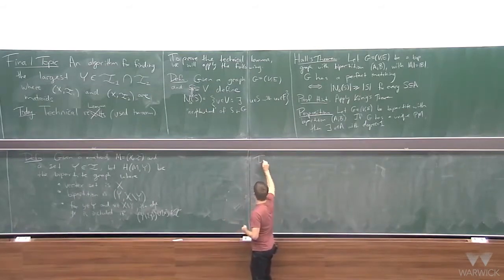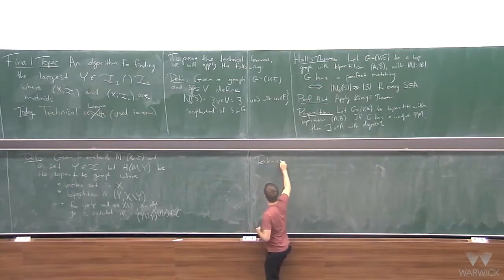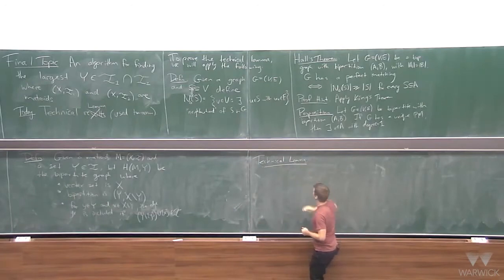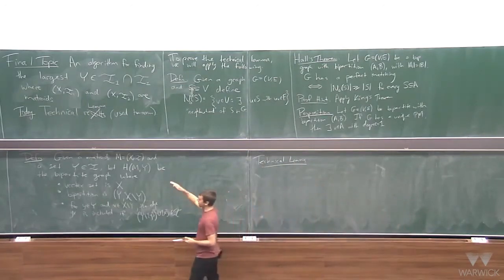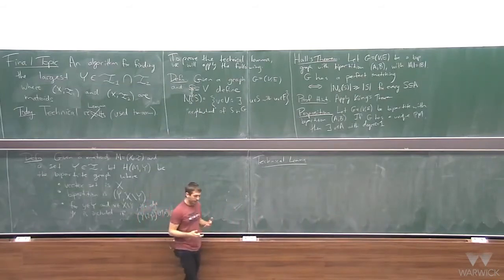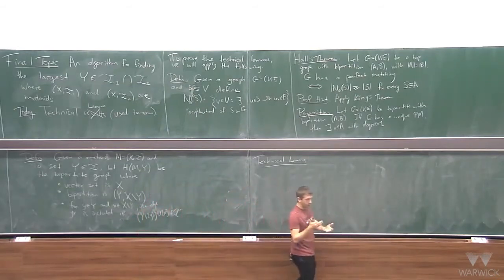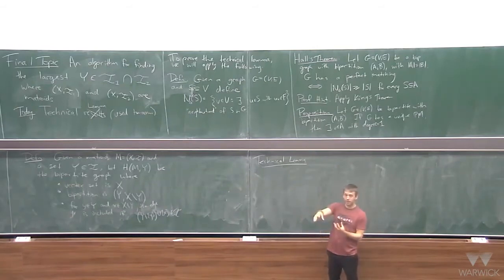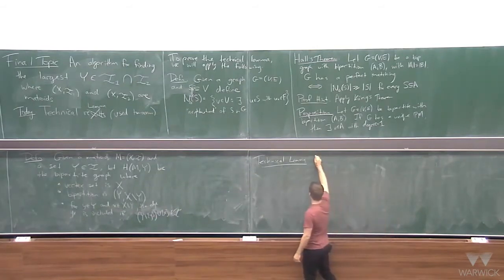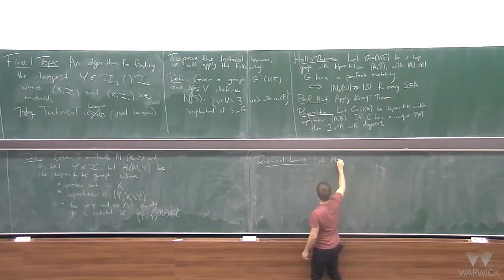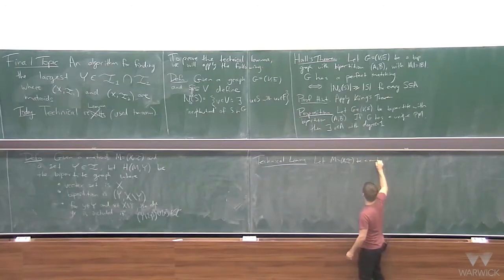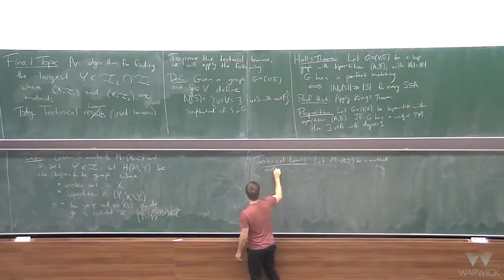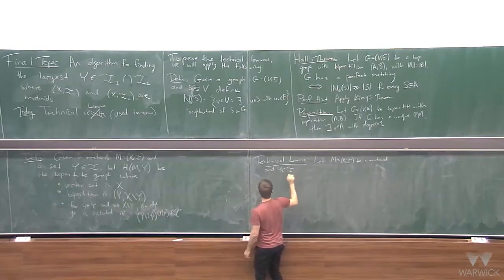So here's the technical lemma, which is going to be quite crucial tomorrow. I want to use this graph to be able to say that something else is independent, given that Y is independent. So again, let M be a matroid and Y be an independent set.